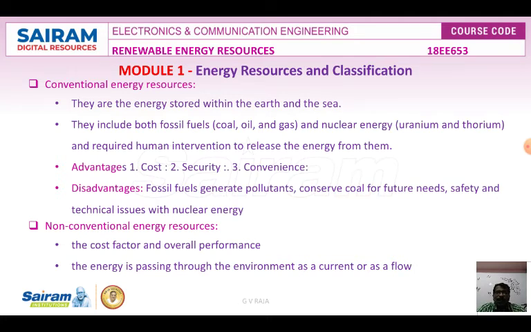These resources are widely used and likely to be depleted. Once the energy resources are over, we cannot recreate them. If you want recreation, it takes nearly 1400 years. That is conventional energy resources.